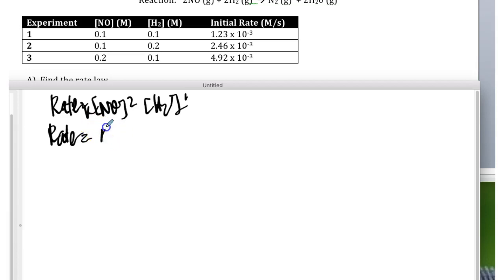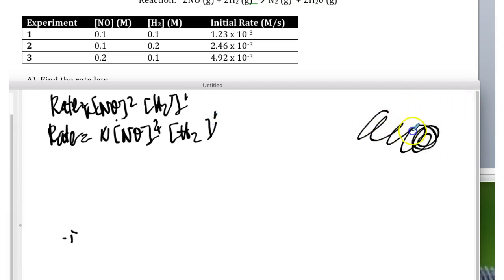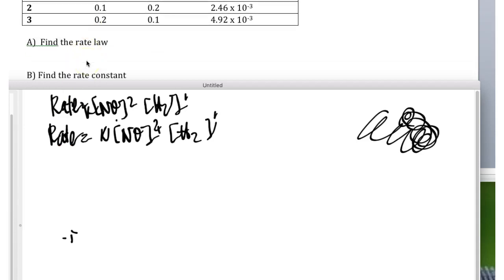I don't know what's wrong with my pen. It's going crazy. Rate equals K, NO squared, H2 to the first power. Alright, so that's our rate law. That's the answer to part A.